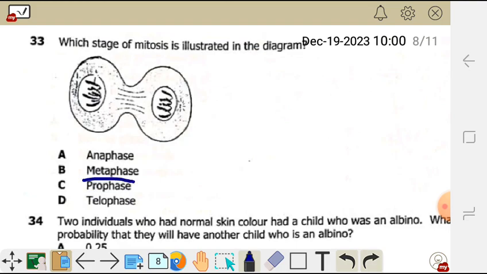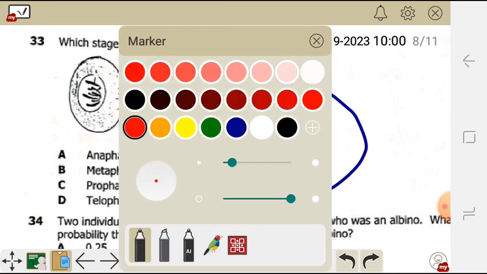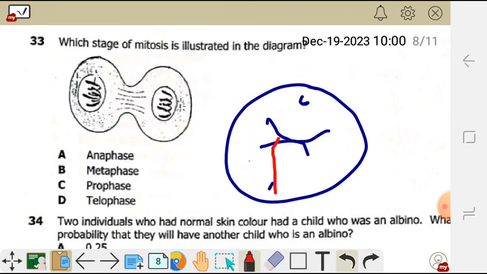Then under metaphase, the cell is going to rearrange itself. We have the chromosome here. Then we observe a structure like this, where we have the spindle fibers attaching themselves to the chromosome. These spindle fibers coming from the centrosome there, attaching to the chromosome like this.